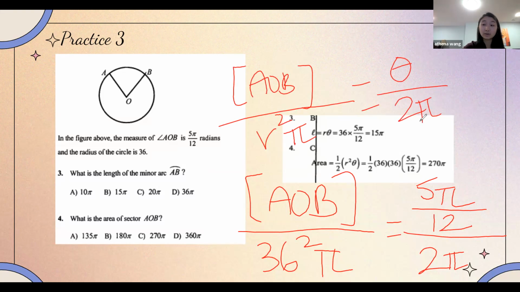So our sector AOB is just 1/2 times r squared pi times theta over pi.